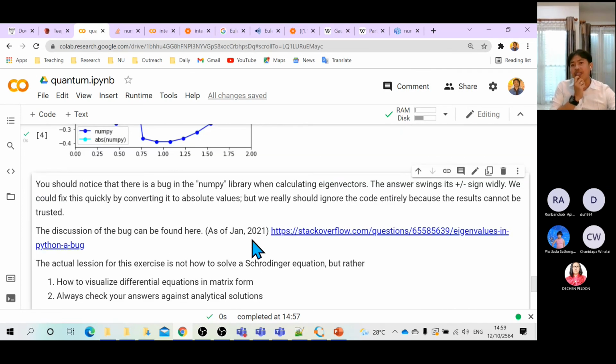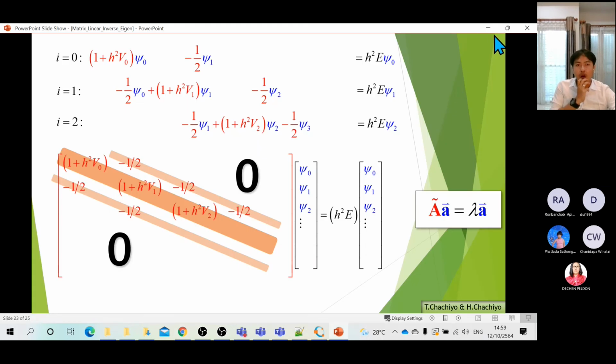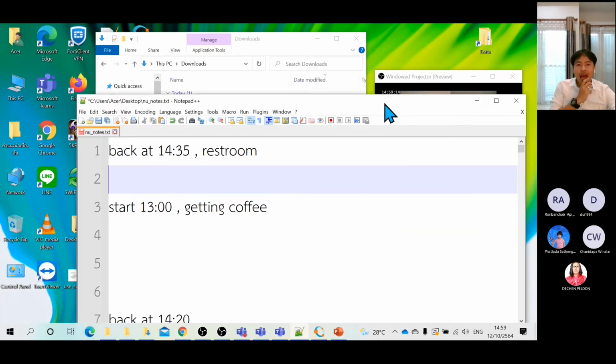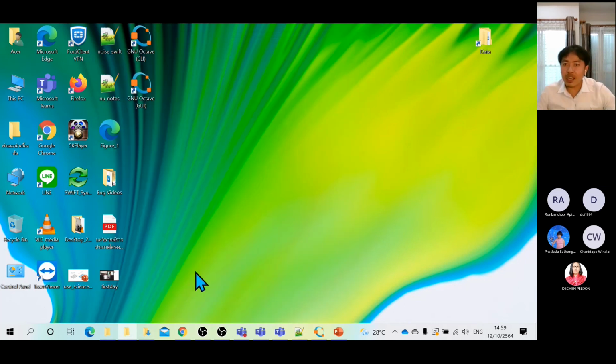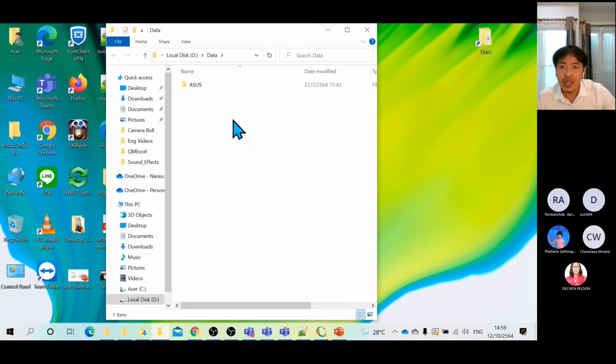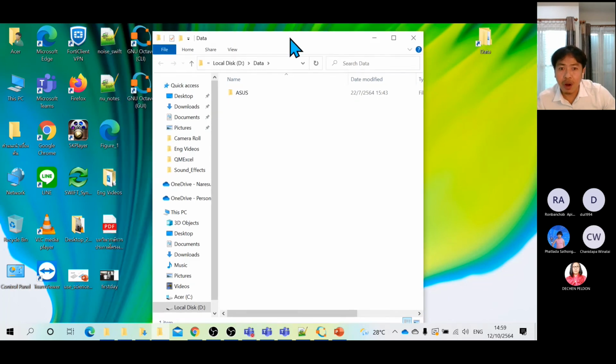Now, because there's a bug in the Python code, maybe we need to use another tool, and that is why I prepared my Octave. I have written another code in Octave, and let's see if Octave gives me the right answer. Okay, let me see there.